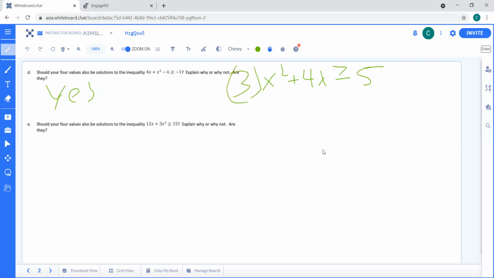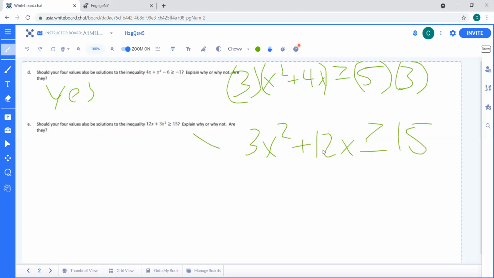They said 3 times all of that and 5 times 3. That gives me 3x squared plus 12x greater than or equal to 15. Sure, that's the exact same thing. They just multiply by 3 on both sides, so it's going to be the exact same thing.